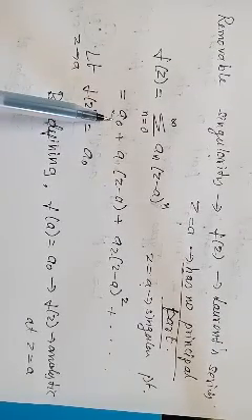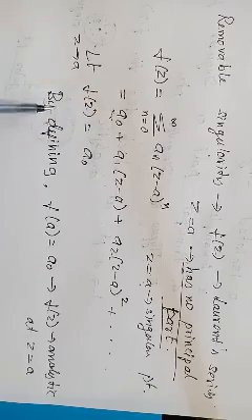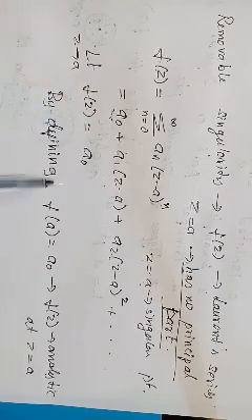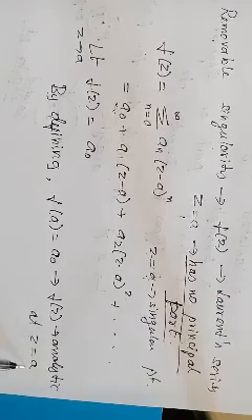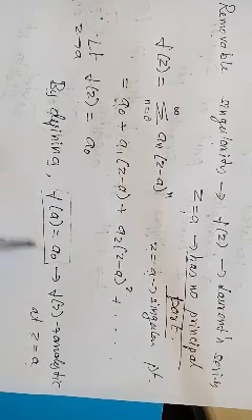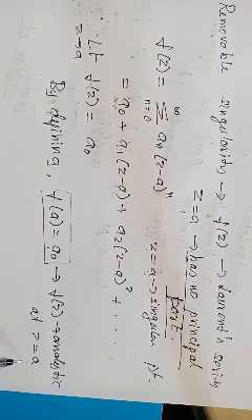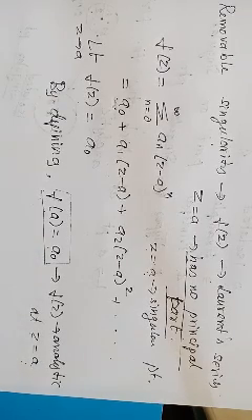Whenever this is a finite constant, the analyticity of f of z will not be affected at the point z equal to a. So we are very particular about the first term a0, and at the point z equal to a, if f of a is a0, then f of z will become analytic at z equal to a.